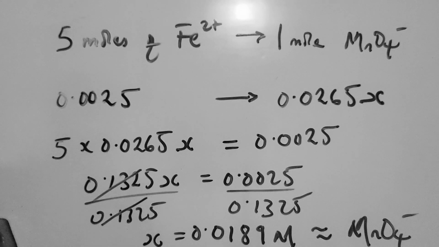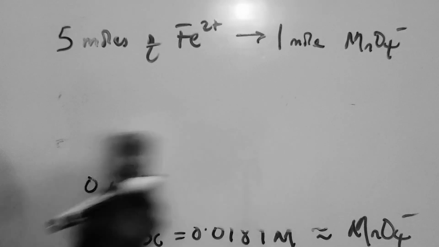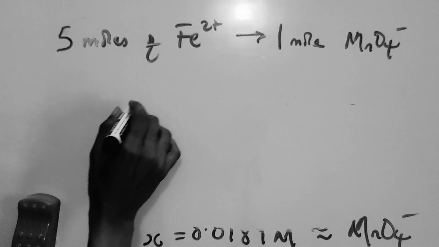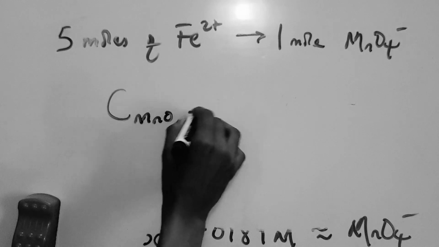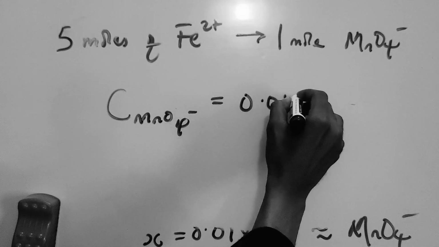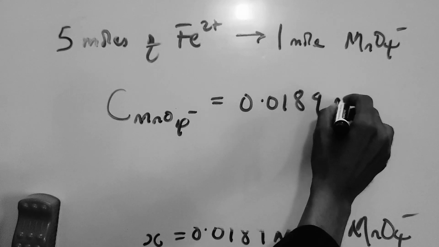Can you see this value that we've gotten? Let's analyze it so that you understand what I mean. Our concentration of the potassium permanganate in this case is 0.0189 molar.